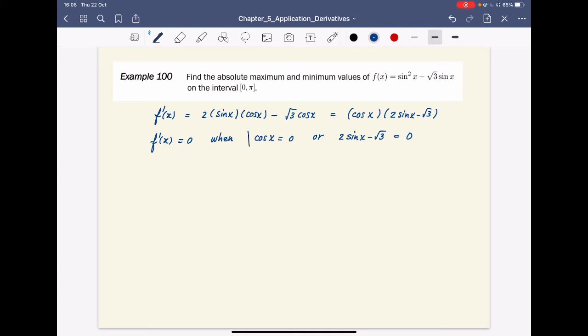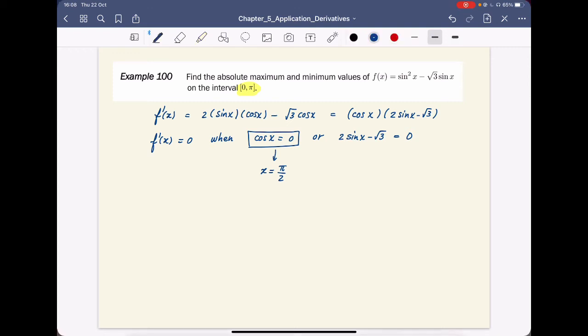So for cosine x equal to 0, so what is going to be your answer here? So that means x equal to pi over 2, right? Well, it's going to be only one solution because we fixed the interval to be 0 to pi. So we just need the x value that lies in the interval 0 to pi.